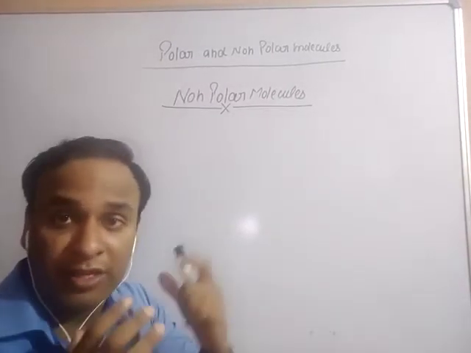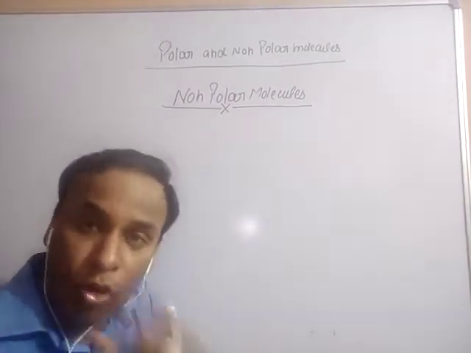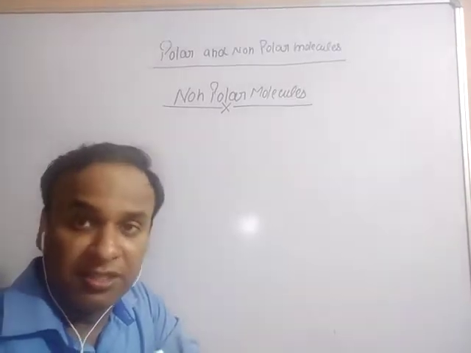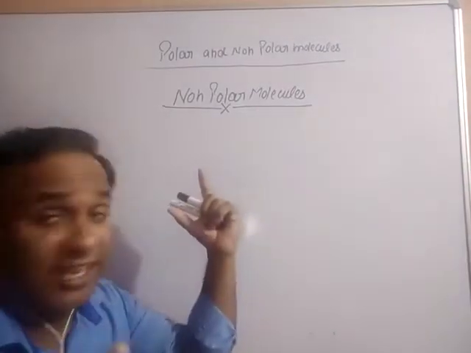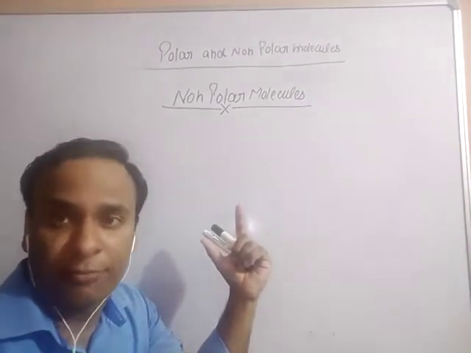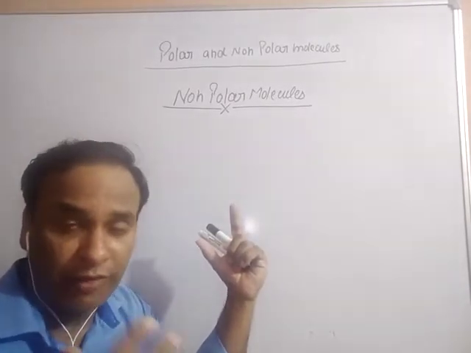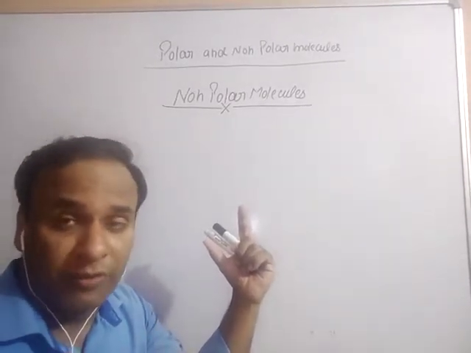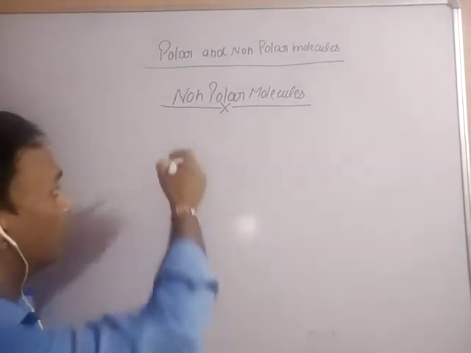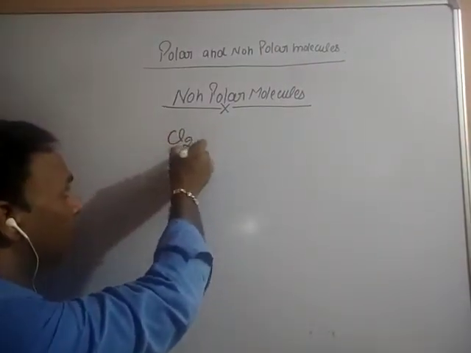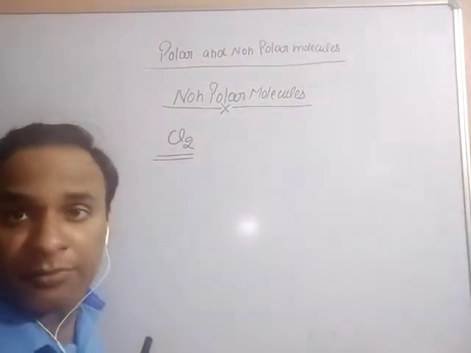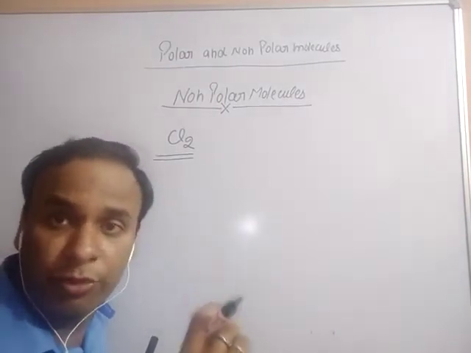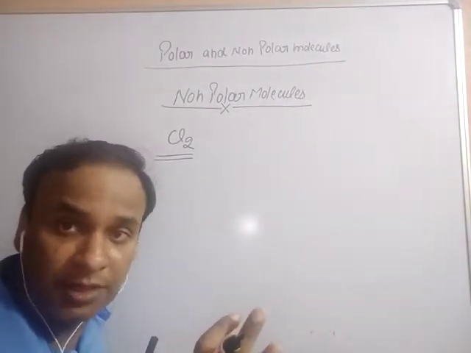Now, when we talk about the non-polar covalent bond, it exists between the same type of atoms. An example is chlorine. Here, both the atoms of chlorine are the same. Clear?